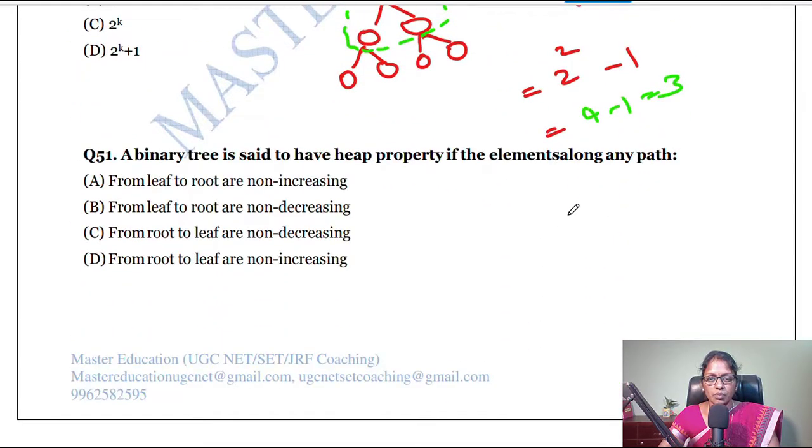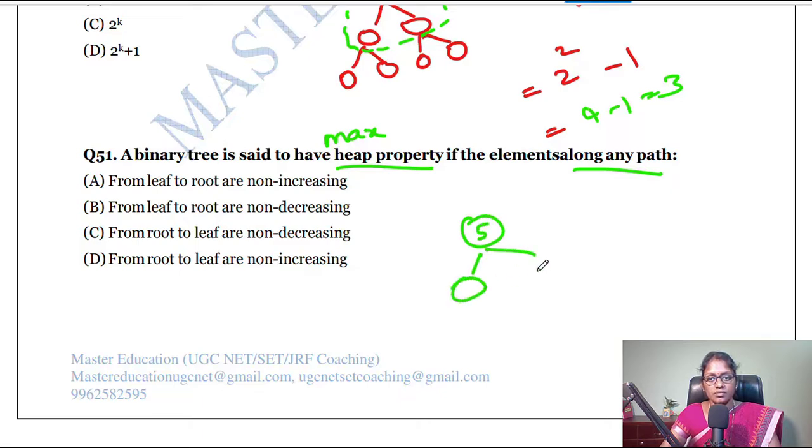The next question is, a binary tree is said to have the heap property if all the elements along any path have a heap property, meaning what? Max heap. If they don't specify anything, heap will be called a max heap. Max heap means the root will be a greater element than its subtree.